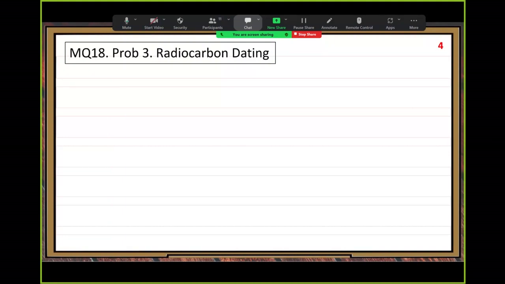Question number 18. Radiocarbon dating. Although I use this title, radiocarbon dating, we know we use the decay model, and under this model there are several different types of questions. So I put those different variations under this type, not necessarily exact radiocarbon dating. If we use the same model, I put it here.